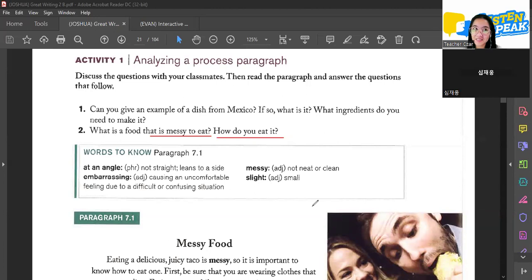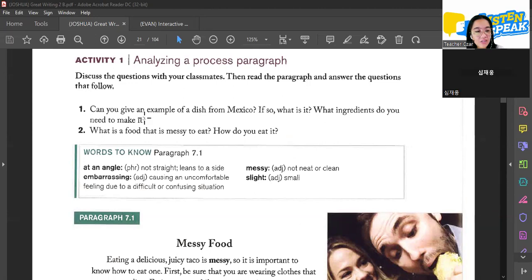I like messy. Oh, you like messy. That's great, because if you eat messy, it means that you are enjoying it. So you like messy because you are enjoying it? Yes. Okay, thank you.